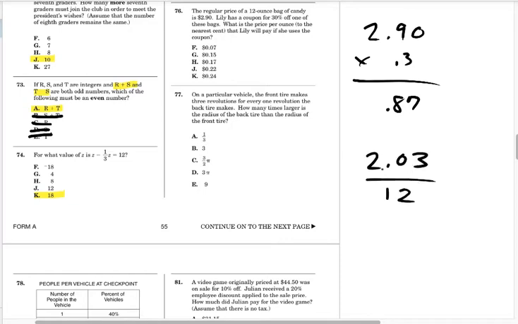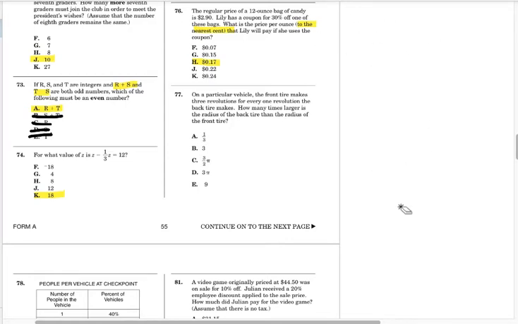Divide that by 12, and you will get about 17 cents. It's not exact. Does it say anything? Yeah. It says to the nearest cent. So it makes it a little bit more difficult, but we end up with like 16.9. So very, very close.